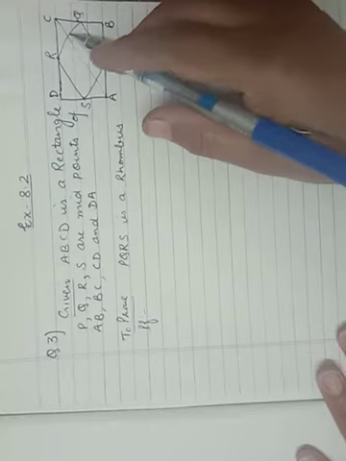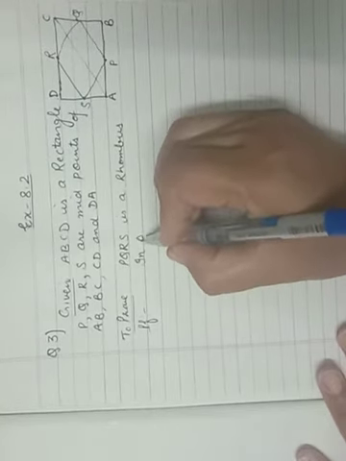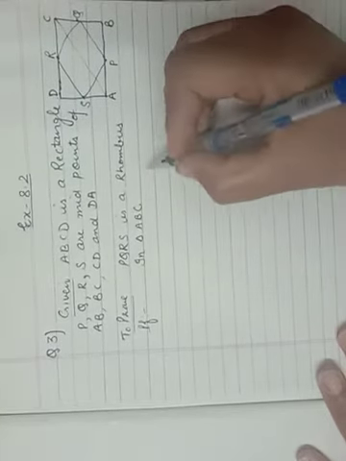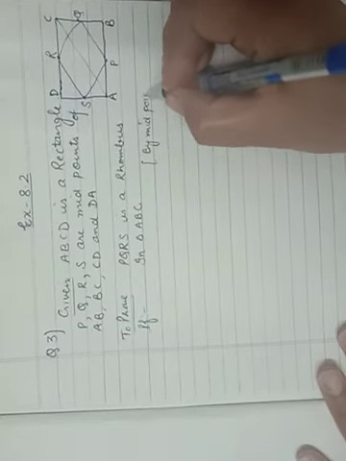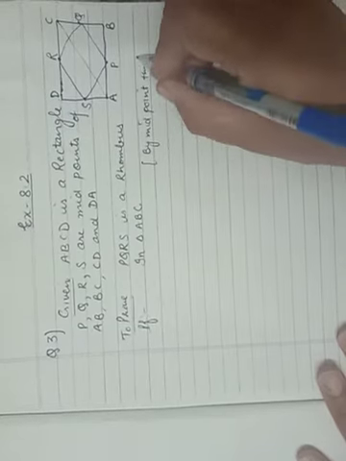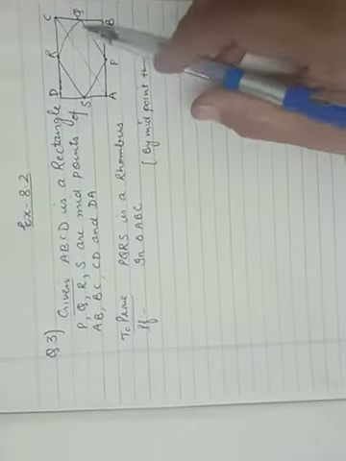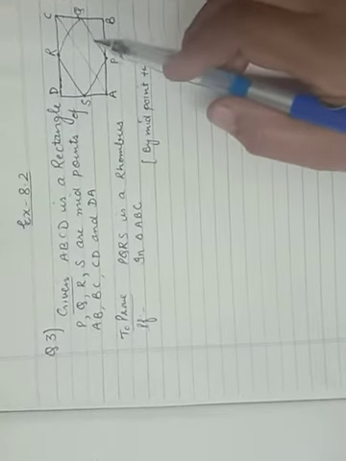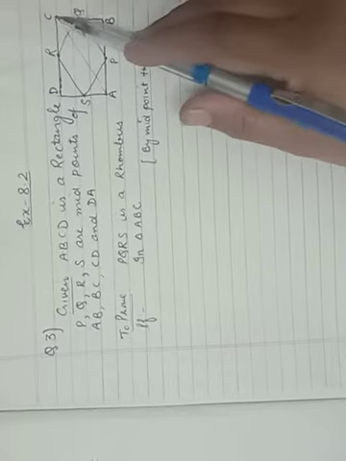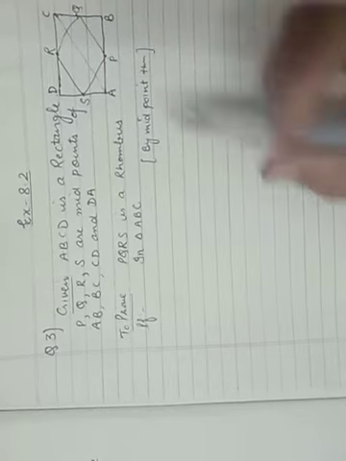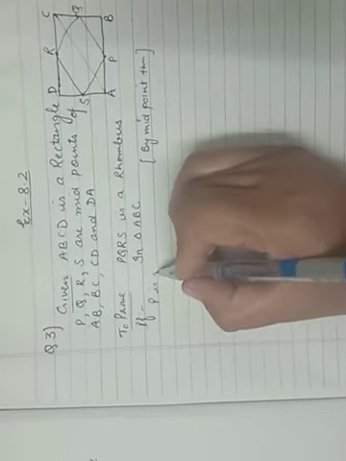Take triangle ABC. In triangle ABC, we will apply the midpoint theorem. The midpoint theorem states that if we join the midpoints of two sides, the line joining them is parallel to the third side and is half of it. P is the midpoint of AB.